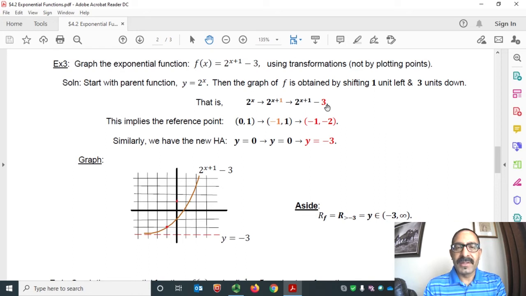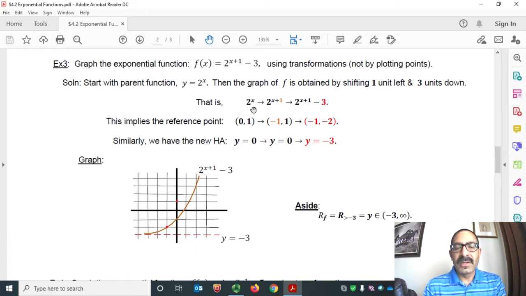Then what's the effect of those transformations on our reference point? Here the point (0, 1) lies on the graph of 2 to the power x. In the first transformation, we add 1 on the x coordinate, so we are shifting the graph to the left. That means I am subtracting 1 from 0. That means I am going to the left. So here is a -1.